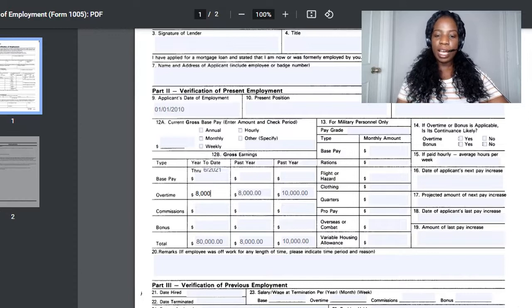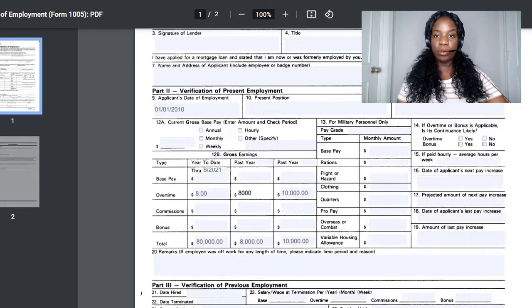If we document that, then we would still utilize this figure. So even though we know the reason for the decline, we would utilize this declined number, this 8,000 over 12 months, and that would be the qualifying income that we would use.